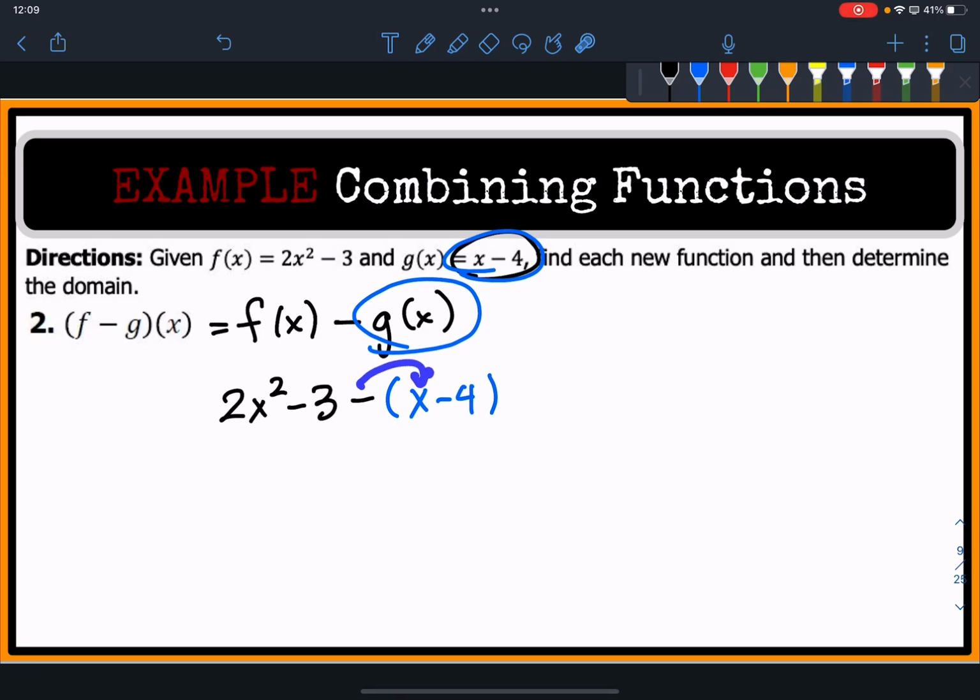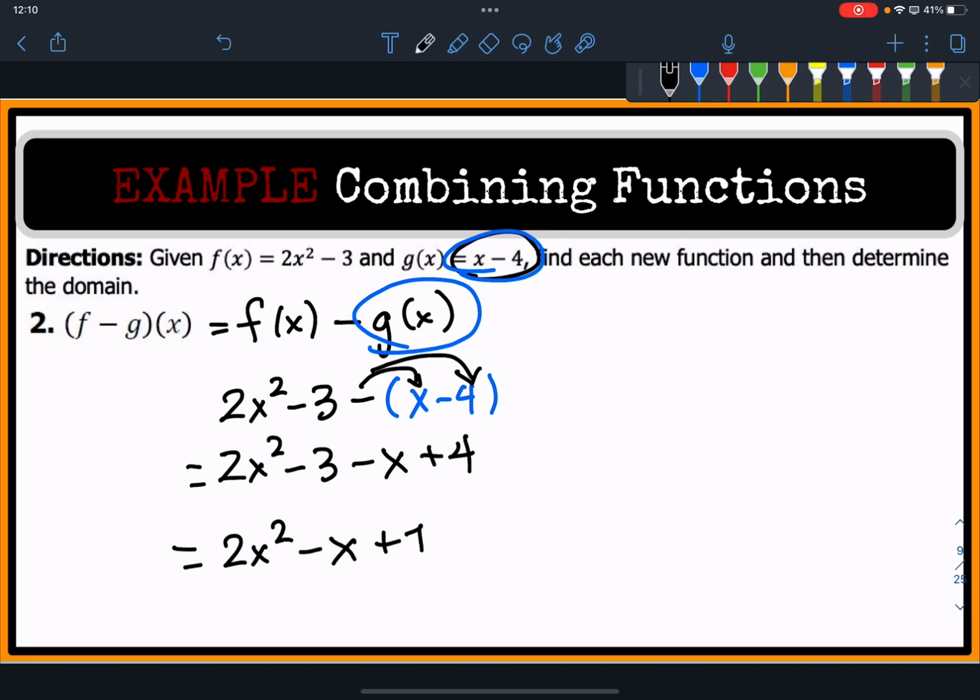I need to subtract every single one of these, which is done more easily by putting those parentheses and distributing the negative sign to that second function. So that changes the x to a negative and the 4 to a positive, and now combining the like terms, which are the negative 3 and the positive 4, we end up with this. So this is f minus g of x.